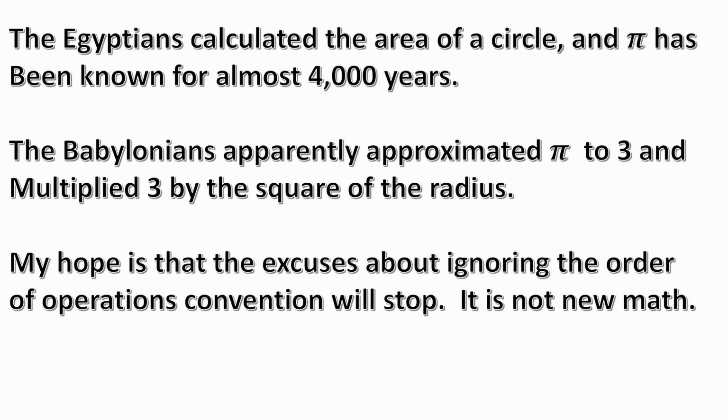It's not new math. It's been around forever. So, the next time somebody tries to claim that they were taught left to right in their day, just ask them, if that's true, please explain the area of a circle, and please explain that formula, because it shoots holes into that theory that in my day it was left to right.